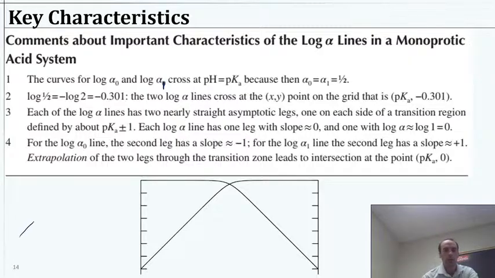When we find that crossing point, it looks something like this. The distance from here to here is always going to be the same. That distance is going to be equal to negative 0.301.